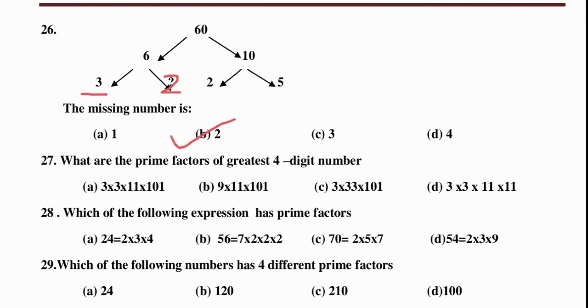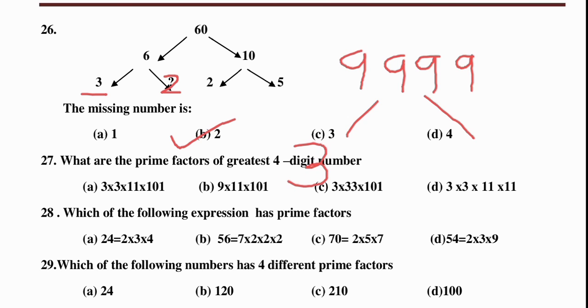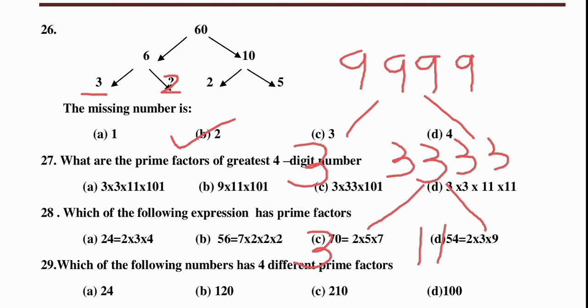Question number 27. What are the prime factors of the greatest 4-digit number? And we know that the greatest 4-digit number is 9999, and it is further divided into two parts. 3 multiplied by 3333. We can further divide into two parts, 3 multiplied by 1111.